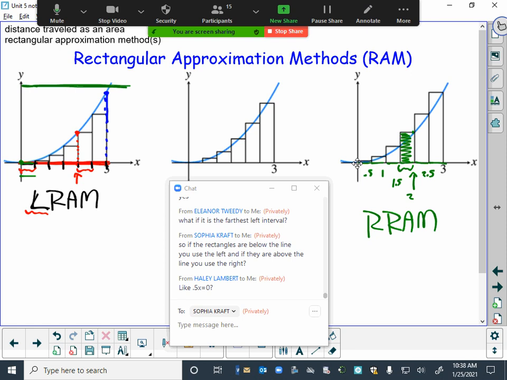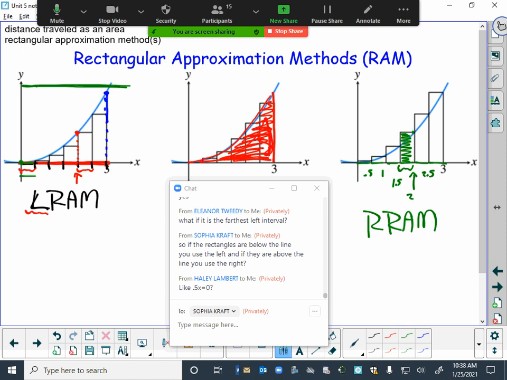And all of these are, again, trying to find out what the exact area is, right? So I'm going to draw it in this middle one here for a second. What we're shooting for is we want to know exactly what this area is, okay?